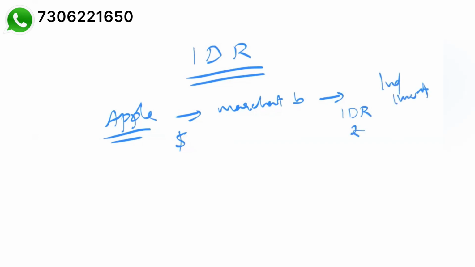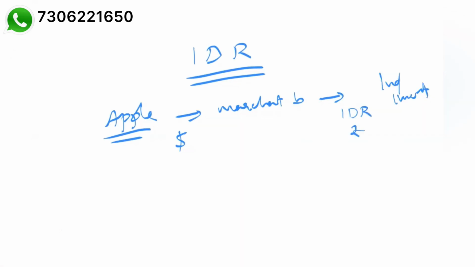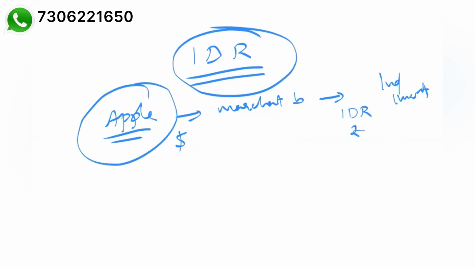This is the exact opposite of Infosys issuing its security in a foreign country: a foreign company issues its securities in India. That is what Indian Depository Receipt is. I hope this concept is very clear.